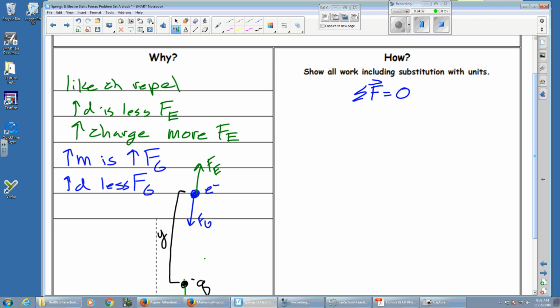And we have two forces acting on our electron: negative gravitational force plus a positive electrical force or electrostatic force equals 0. Therefore, those two must be equal. That's the whole key to this. And now it's just plugging into the equation.